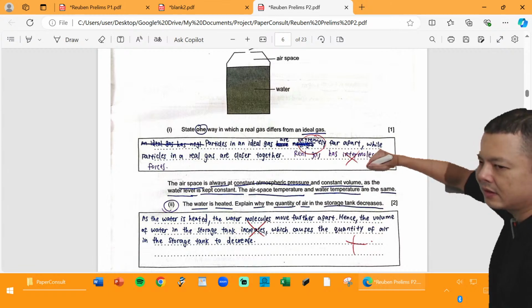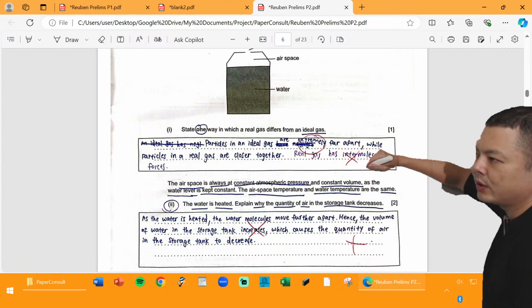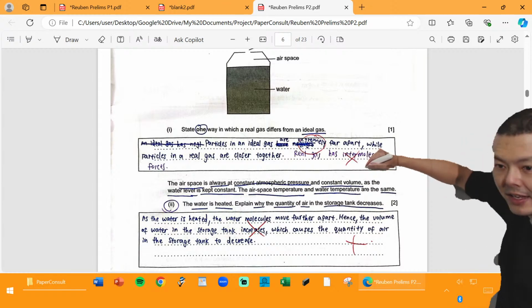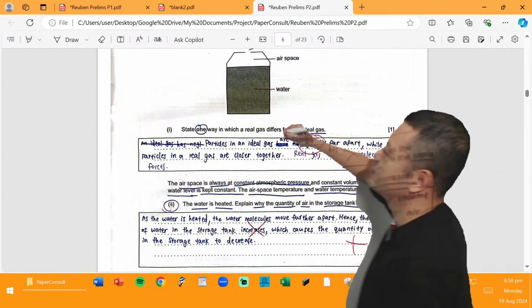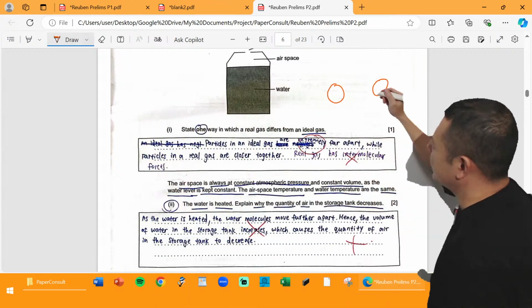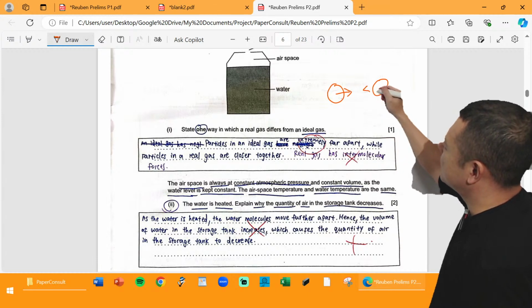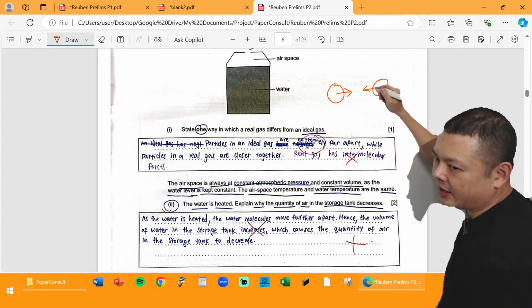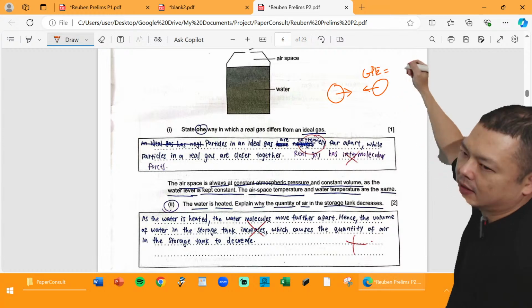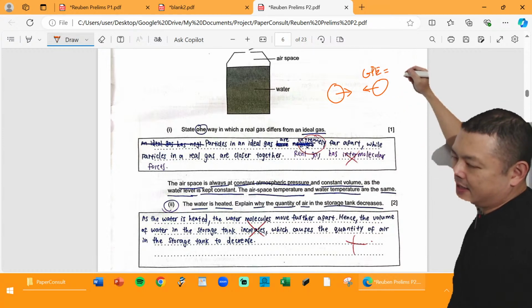Okay, I'm going to ask you this. Two planets, do they attract each other? That's gravitational attraction. What's the GPE? It's negative. Good.